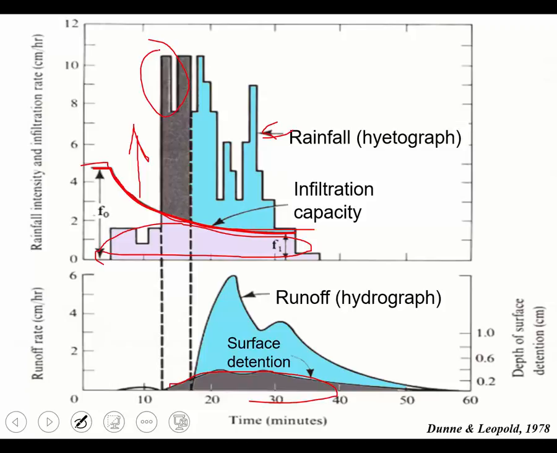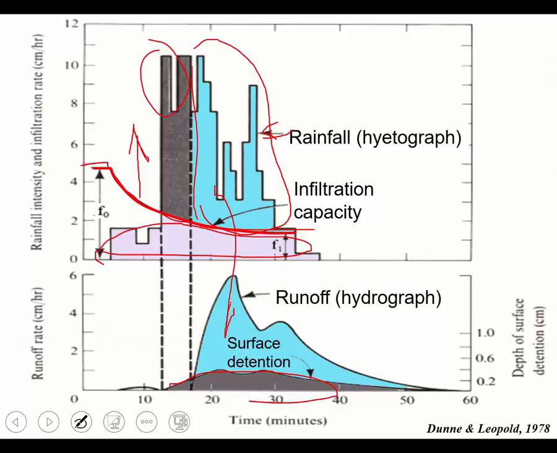You see little pools of water on the lawn. And so it's only when the surface depression or detention is filled that we actually have runoff that's heading towards the river, or the bayou in this case. So only the blue is that portion of the rainfall that's actually going to run off.